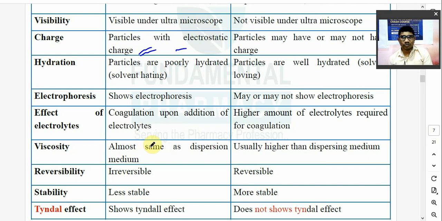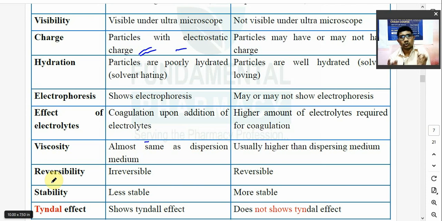Because in the colloidal dispersion, lyophobic colloids are stabilized by repulsive forces, क्योंकि हर एक सिल्वर का पार्टिकल जो है उसके ऊपर नेगेटिव चार्ज है. सो नेगेटिव नेगेटिव कभी अट्रैक्ट नहीं होता है, कभी नहीं होगा. They will have repulsive forces.